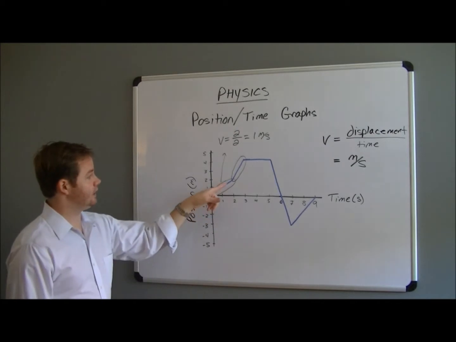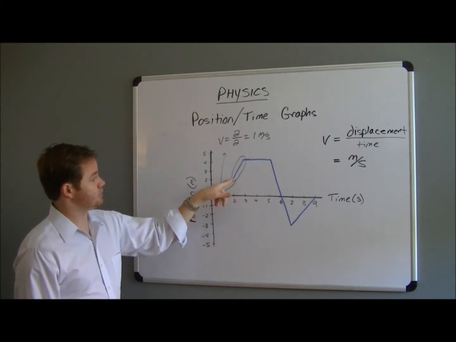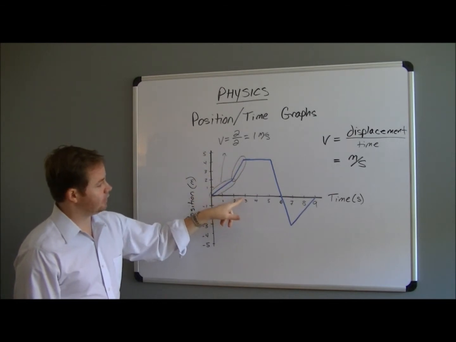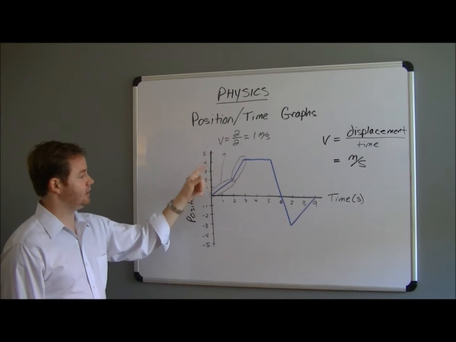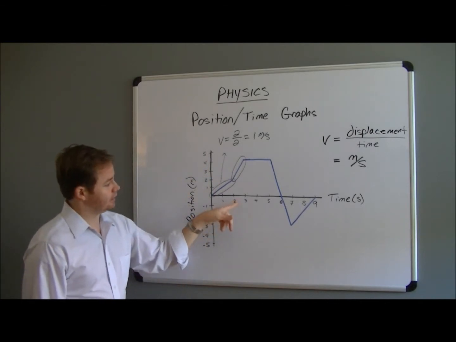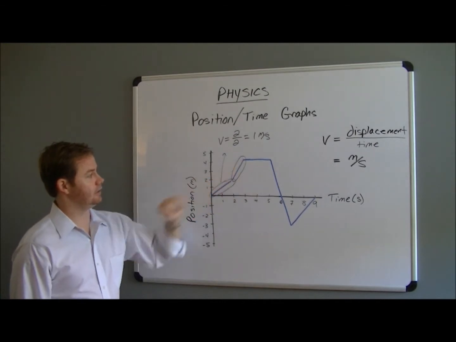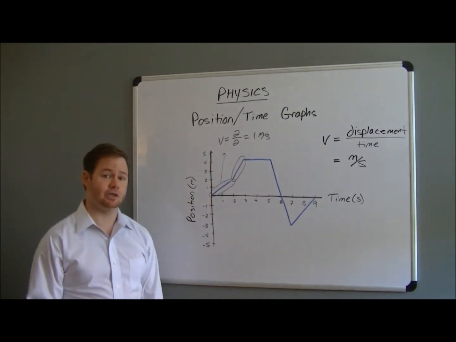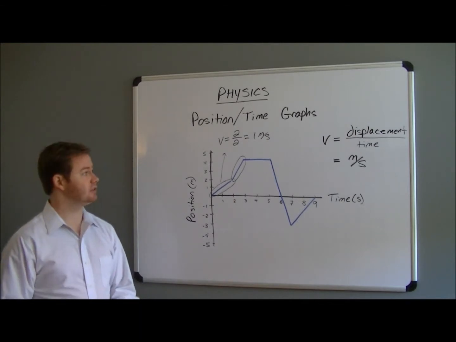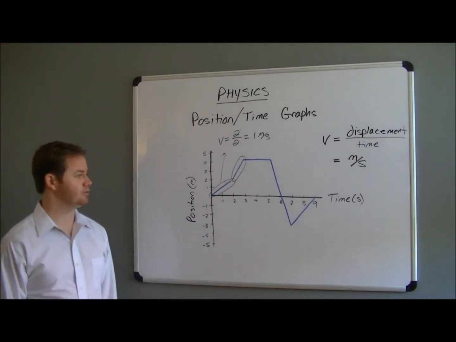In this case, we covered a distance of about 2 meters, but in only 1 second. If you look, we reached that point of 4 meters from our starting point by the time we get to 3 seconds. So from here to here, in that second portion, we traveled a distance of 2 meters in only 1 second. So our velocity was faster. Our velocity was 2 meters per second over that interval.